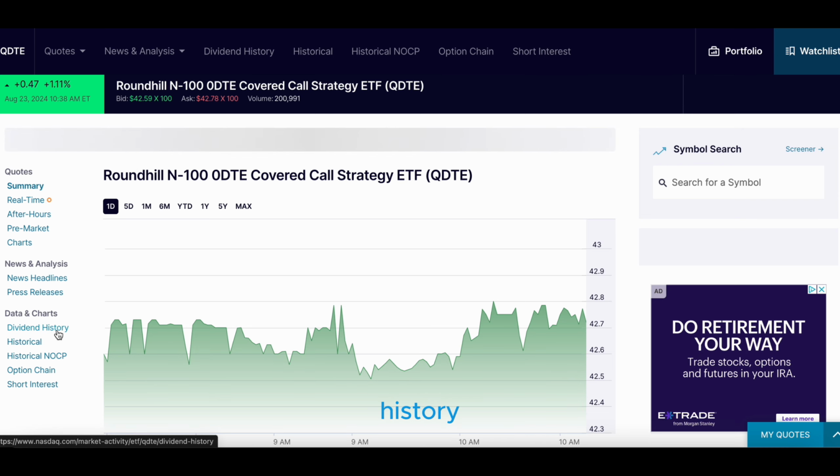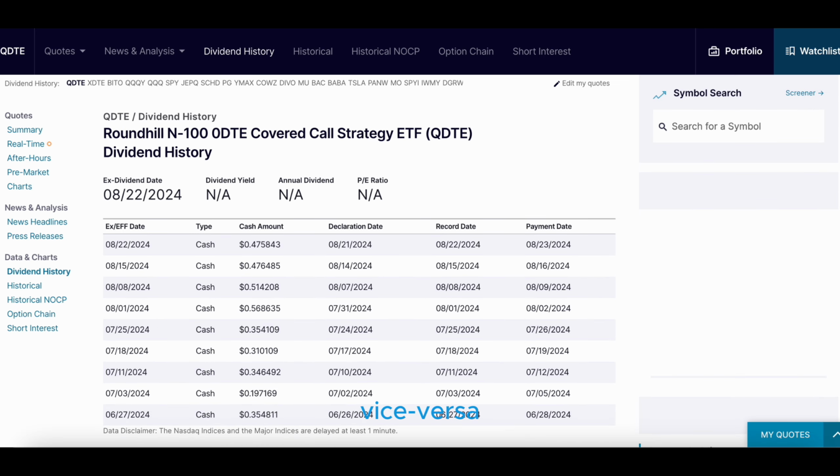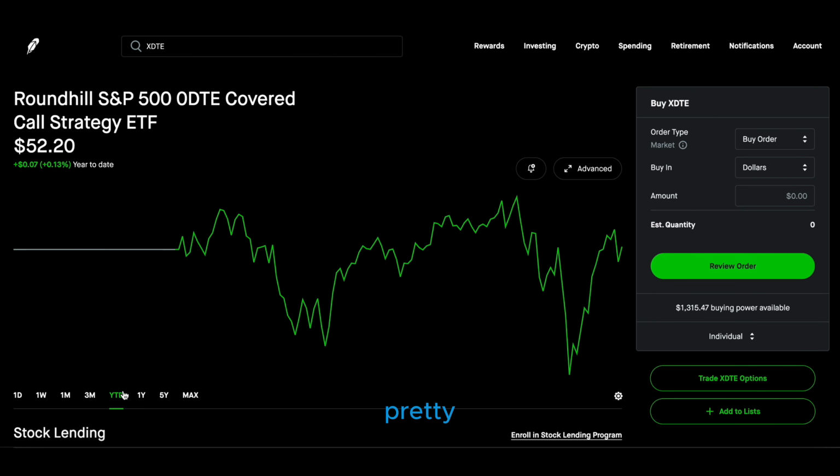But then again, you got paid a lot in dividends. If you look at the dividend history of QDTE, and then vice versa for XDTE, if you look at the performance, it's pretty much break even. It's actually in positive after today's returns, meaning you do not have any NAV erosion happening on the principal amount that you have invested.